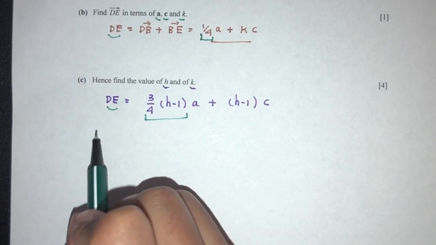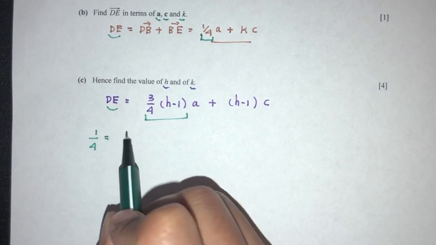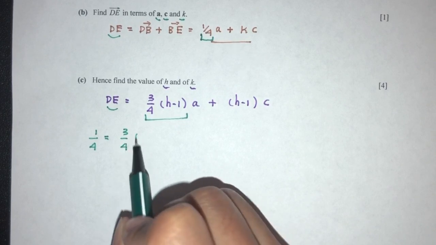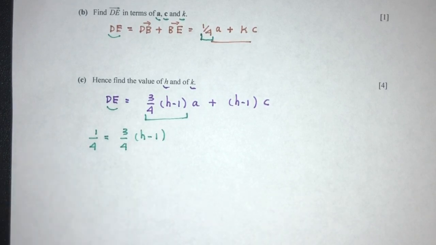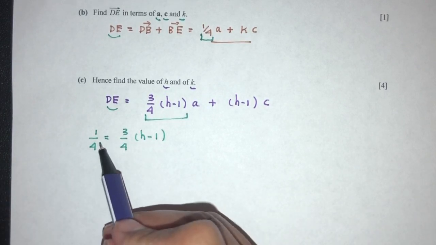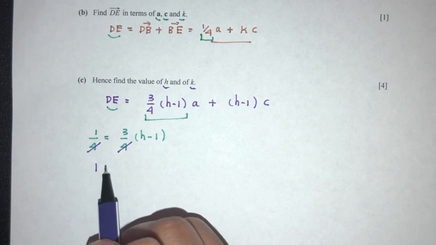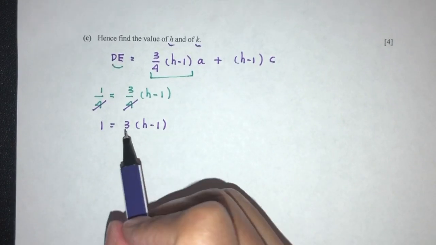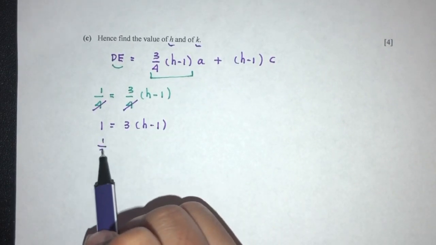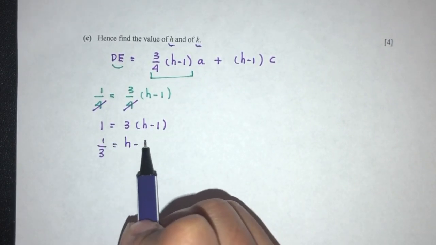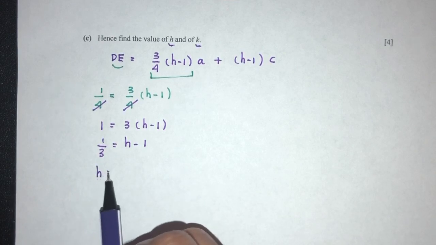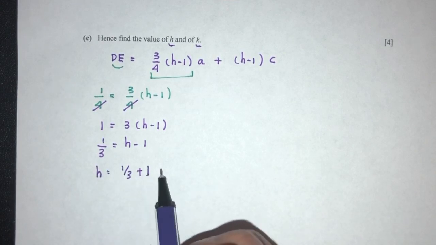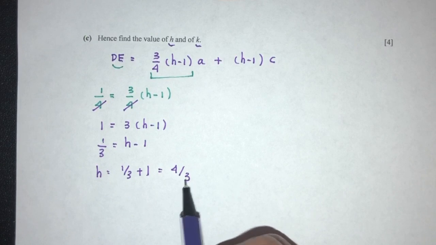It means that 1/4 has to be the same as 3/4 times H minus 1. Simplify, this and this will cancel out, so you have 1 is equal to 3 times H minus 1. Divide by 3, you have 1/3 equal to H minus 1. H will be 1/3 plus 1, that should be 4/3.